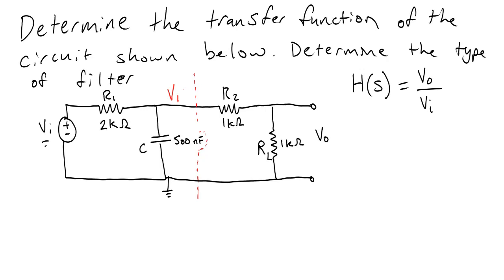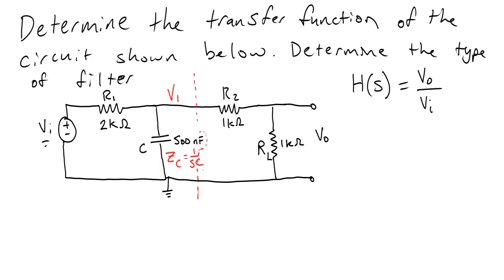So for all capacitors, we can define their impedance as ZC, which is equal to 1 over SC.